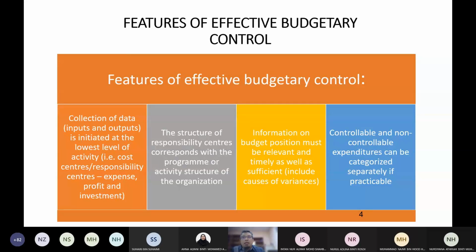responsibility centers. For budgetary control purposes, you can bring in your understanding of responsibility accounting or SBU accounting. I think you learned from a previous topic in other management accounting subjects, maybe in DMC or in cost management. You learned SBU performance measures, ROI, and then cost centers.